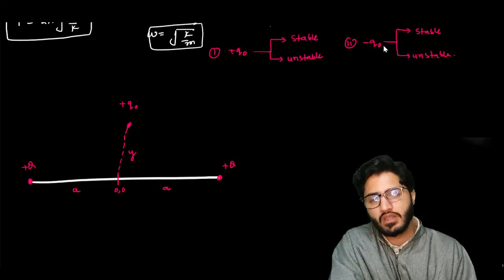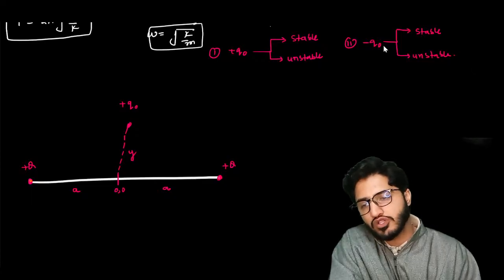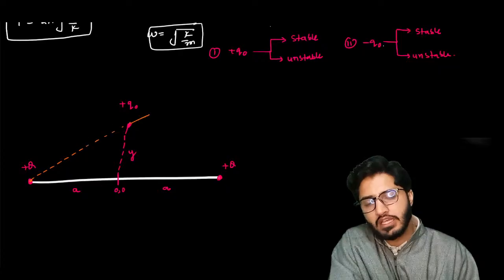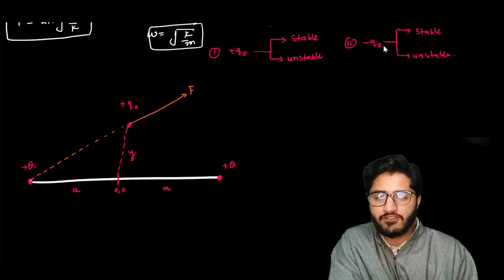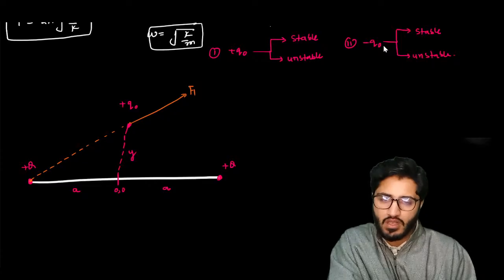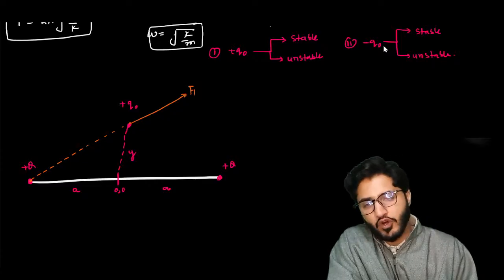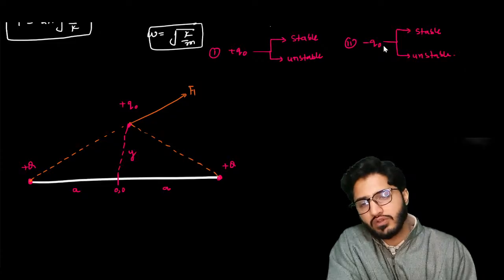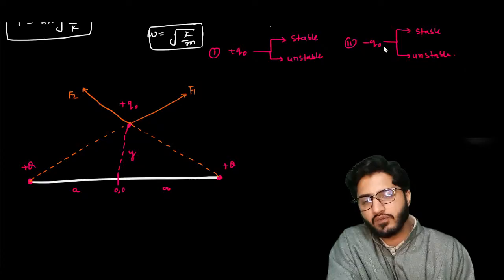Look beta. This positive and positive repel in the first case, it will apply a force F1 here, suppose. In the same way, these are two positives, so this will repel like this, F2. This is theta, this one is theta.